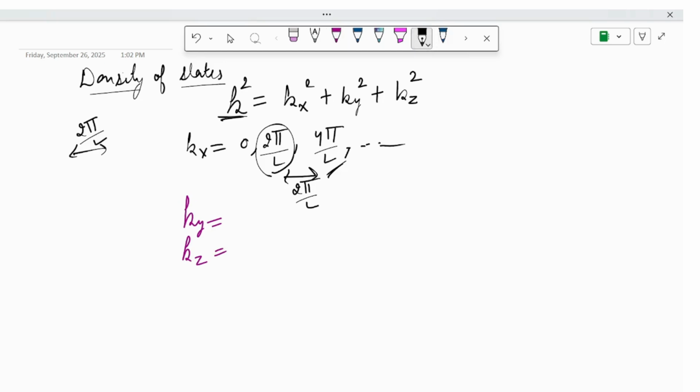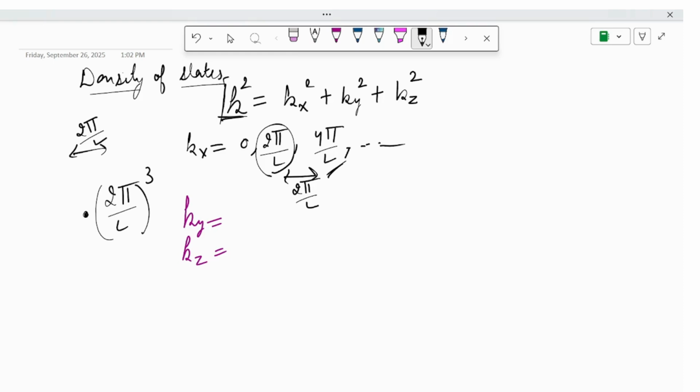So if we take this allowed point k, the allowed value of k, its volume will be delta kx into delta ky into delta kz. And that will come out to be (2 pi by L) cube.